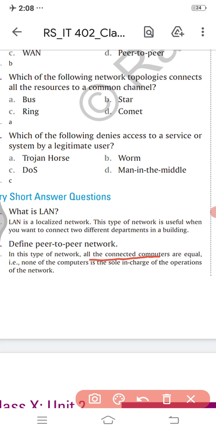There is no computer as an administrator, and no computer as a server. So dear students, you must know that a peer-to-peer network is not a type of client-server based network. Here you will find all the computers in the network are equal.